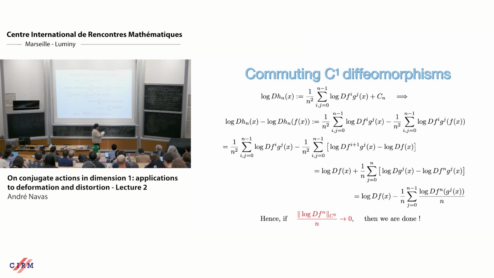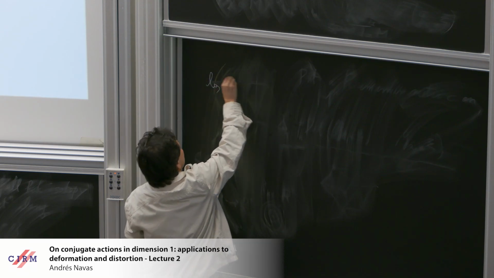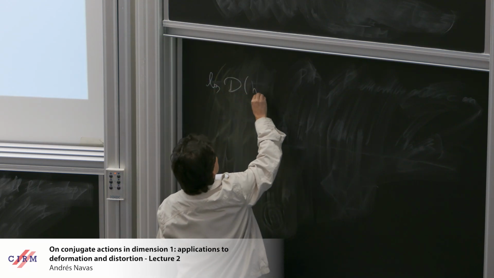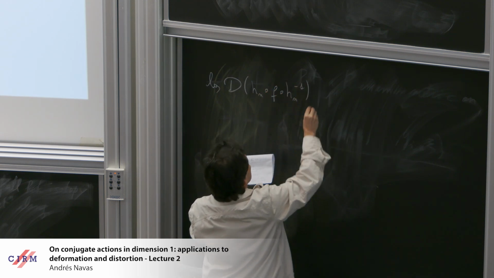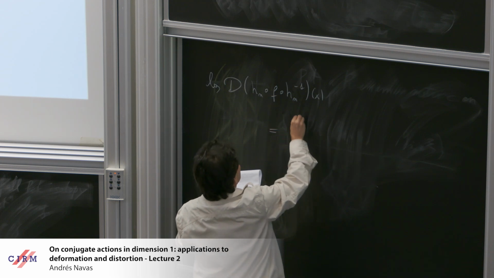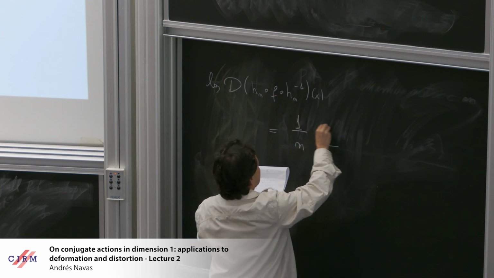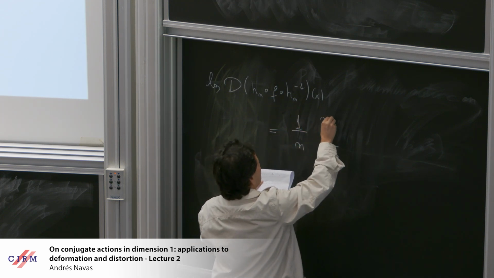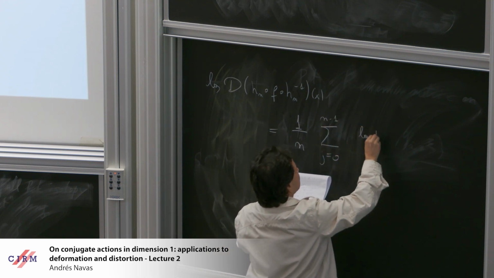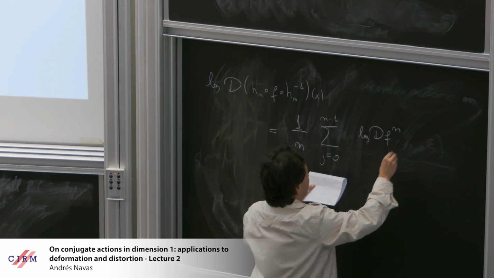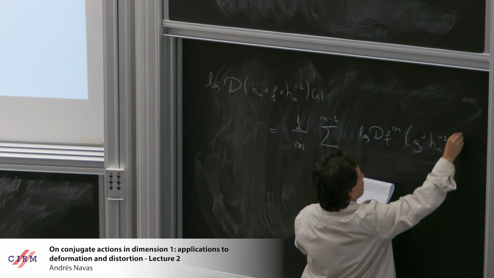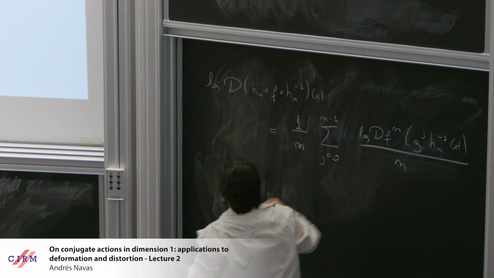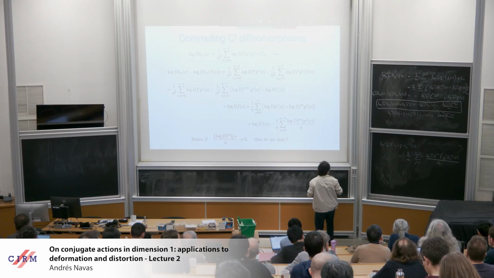So the precise formula here is that the logarithm of the derivative of the composition, say of f, and you can do exactly the same for g, is equal to 1 over n, the sum of the logarithm of d f^n at the point g^j Hn inverse of x divided by n. And again, this is an exact formula for the case of two commuting maps.